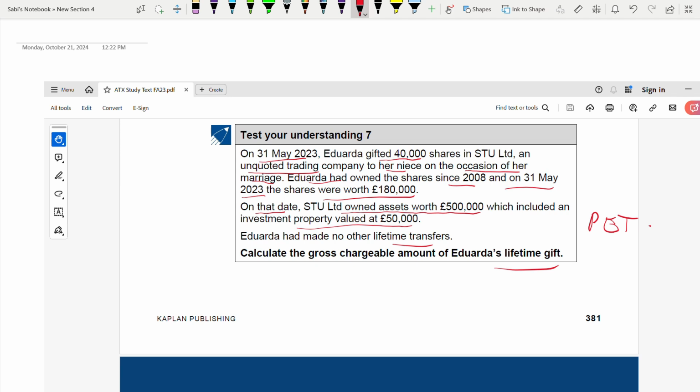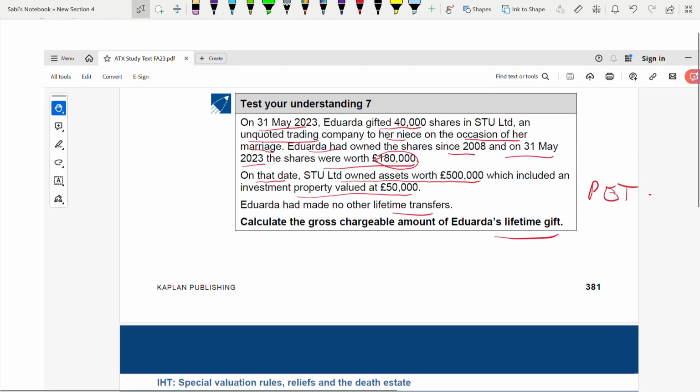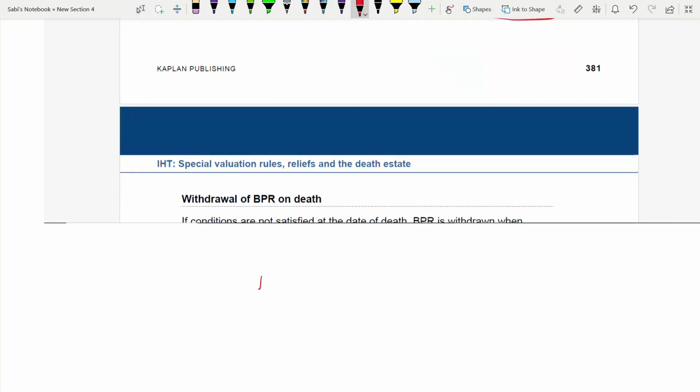Transfer of value would be what? 180,000. What do you deduct? First, if there is any BPR, you deduct BPR.